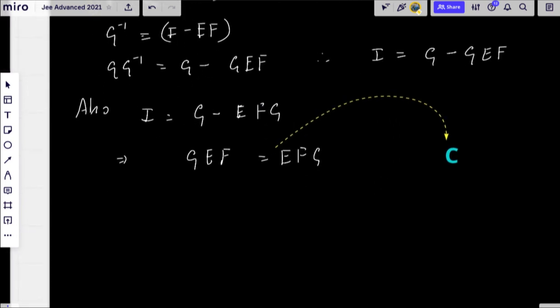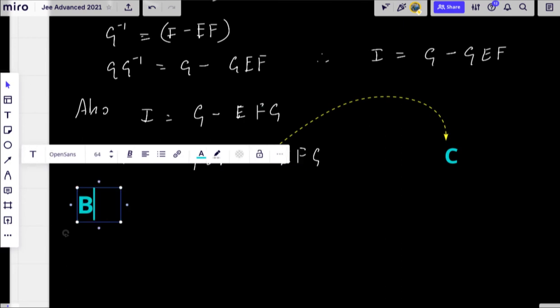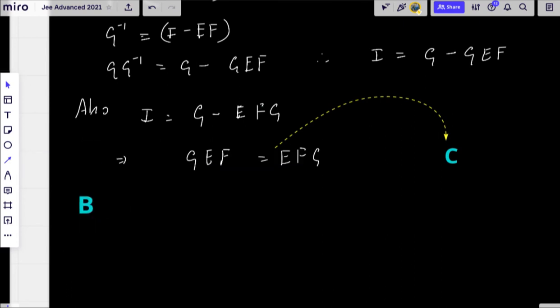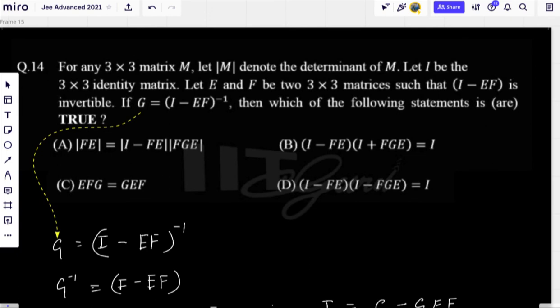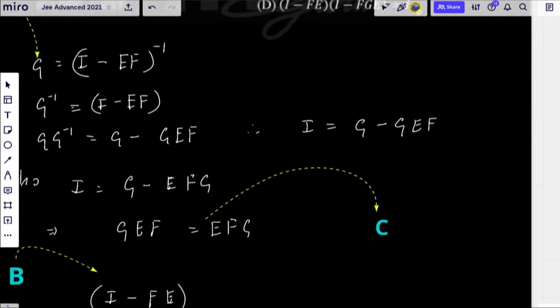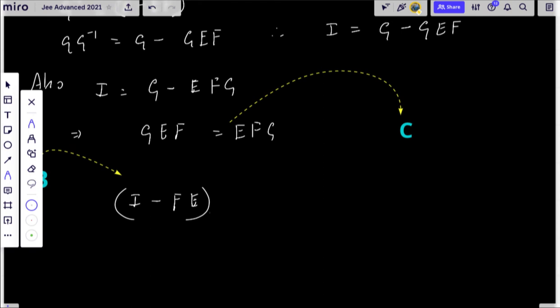Now check for the B option. For the B option, let me check, how will we tackle this? Let's say I minus FE, right? You can see here for the B option, that is I minus FE and I plus FGE. So what we will have to write here is I plus FGE.